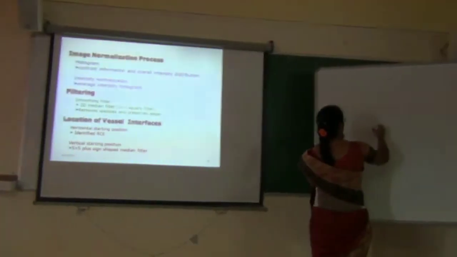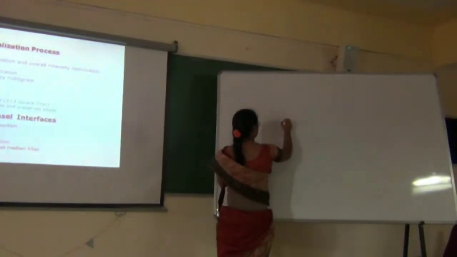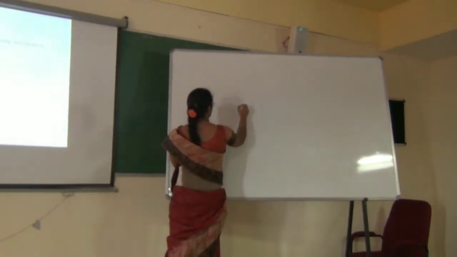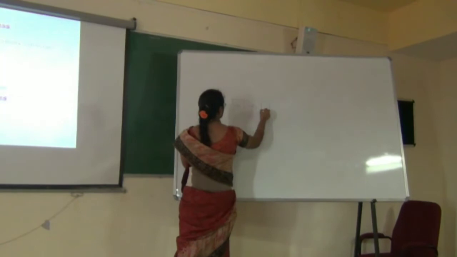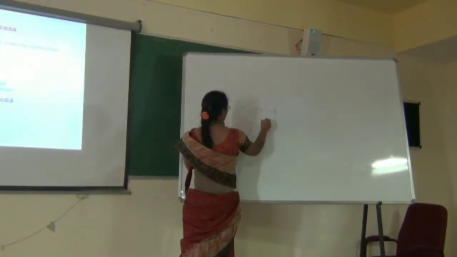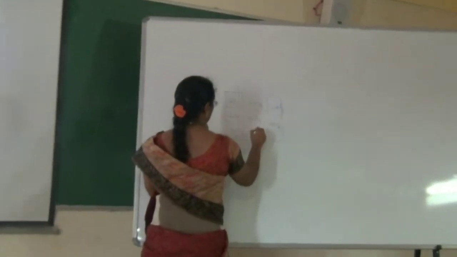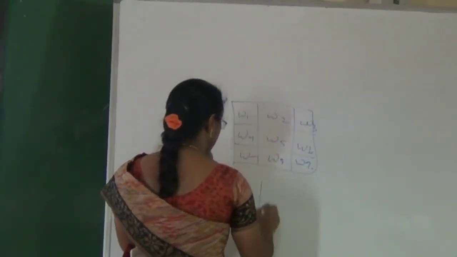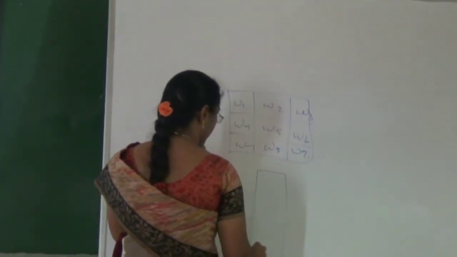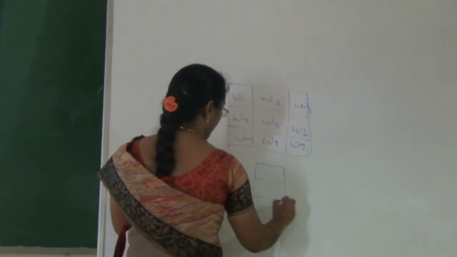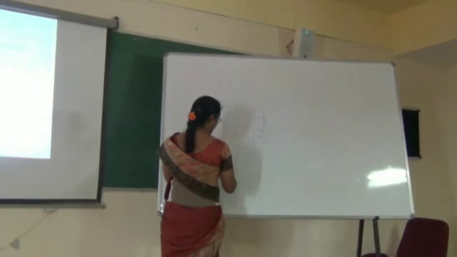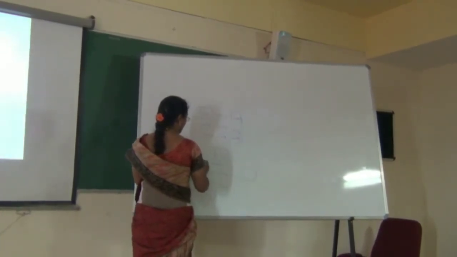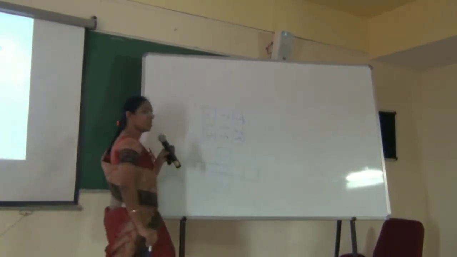so for 3x3 median, you can consider this mask in this way. Okay. So based upon the intensity profile, you can fix it. What's that plus 5x5? Clear?